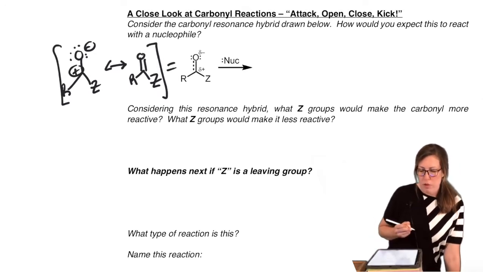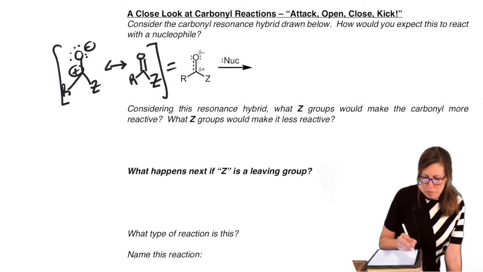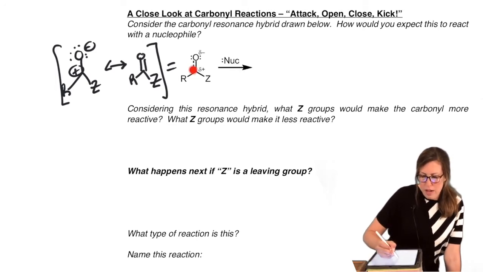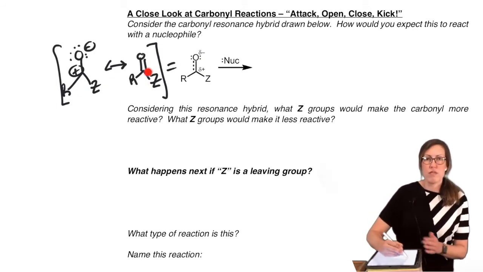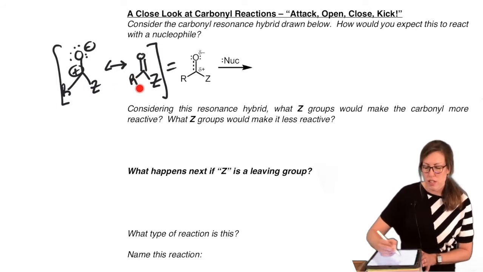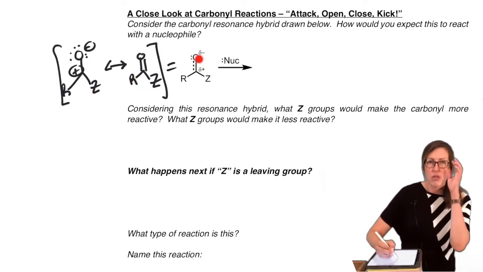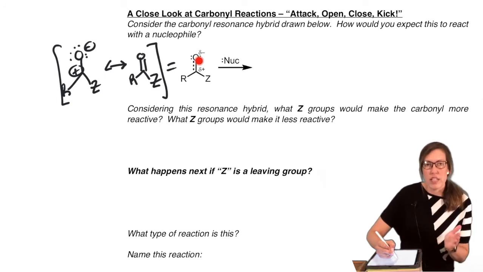So the hybrid would be represented by partial pi bonds where there was one pi bond, but not here, and partial charges where there were sometimes full charges. The reason we draw the hybrid is because it represents an average of these contributions, and so that's the more accurate depiction of what the molecule looks like to a neighboring molecule.